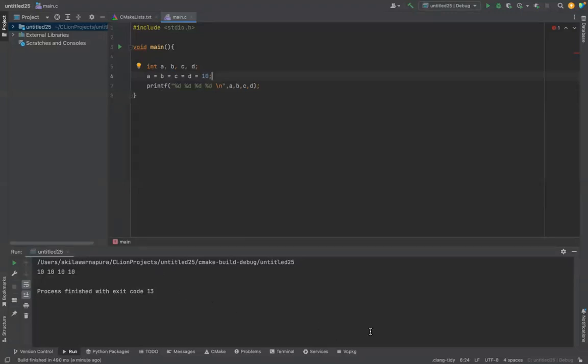So the value 10 is assigned to D. After that, D's value is assigned to C. After that, C's value is assigned to B, and B's value is assigned to A. That means if you provide int x equals 7, what happened? Is it assigned from x to 7? No, it is always assigned from right to left, not left to right.